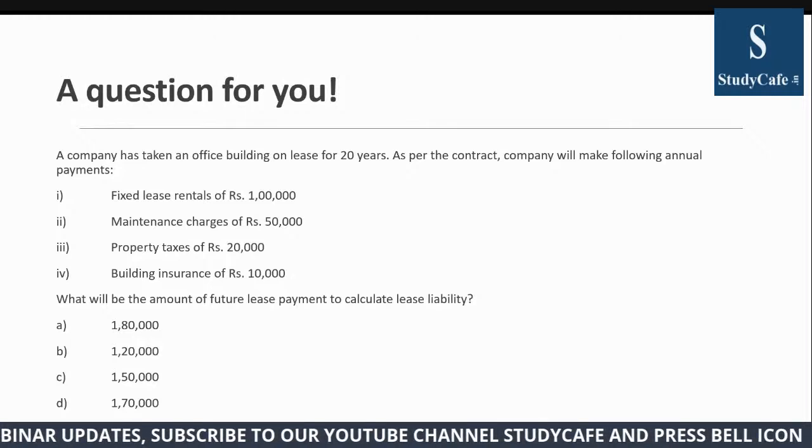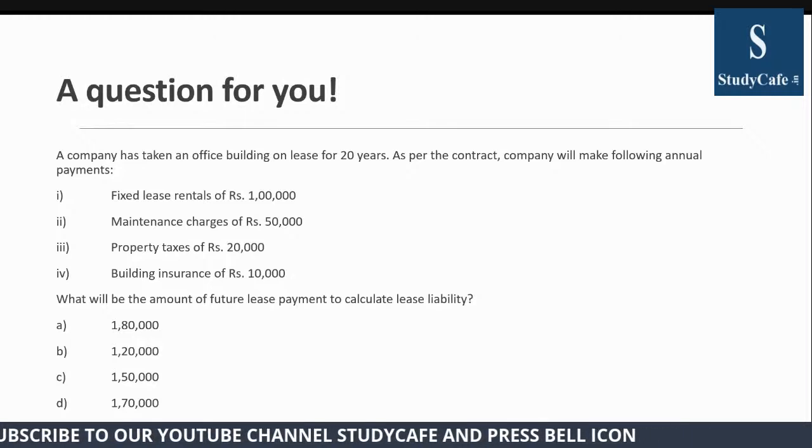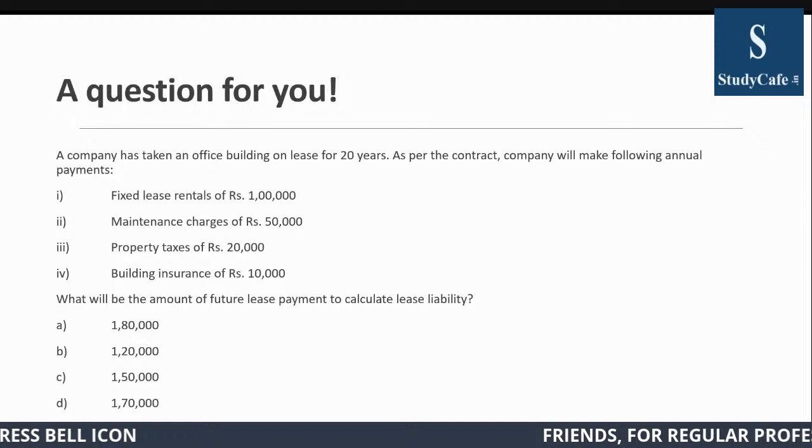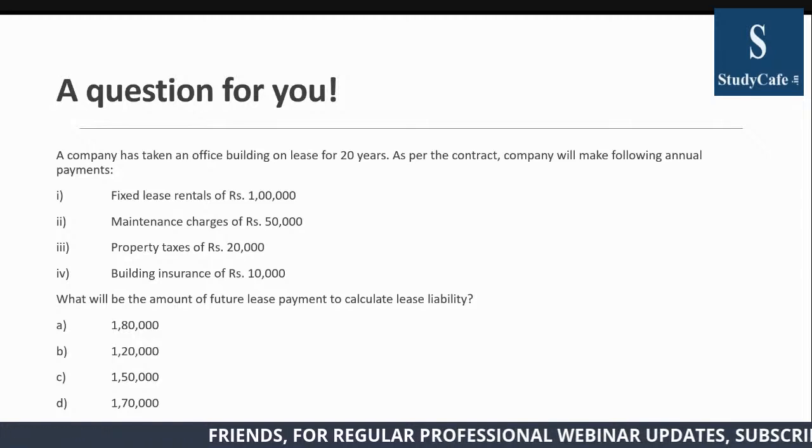Now, I need to understand what will be considered in the future lease payment and what will not. Remember that we are required to separate the lease component and non-lease component.